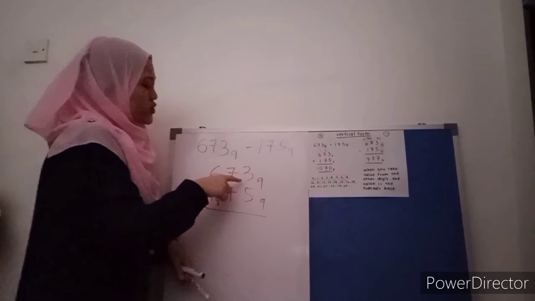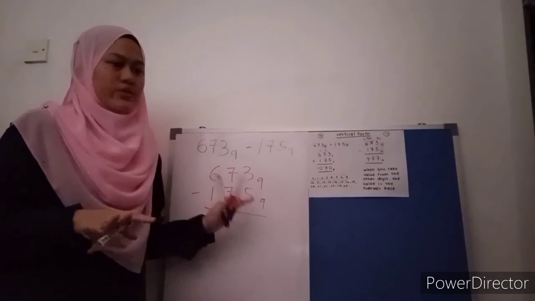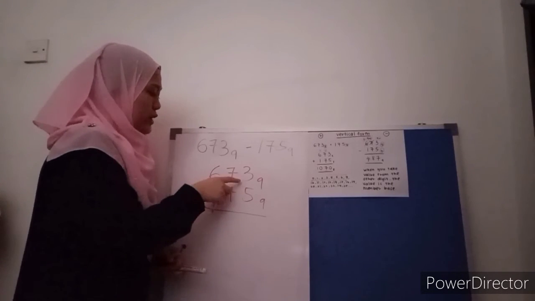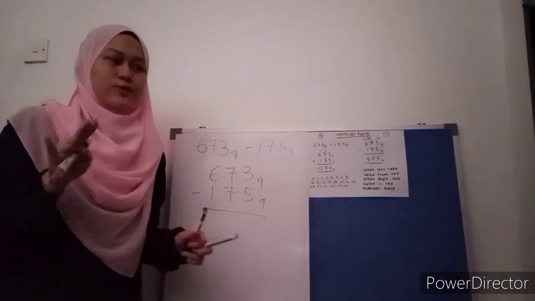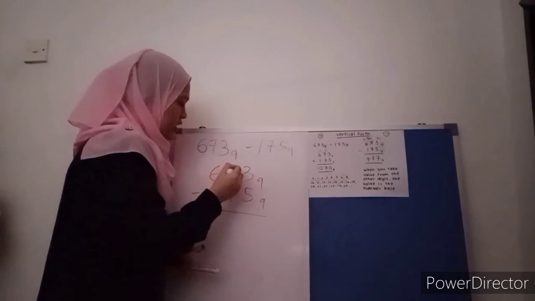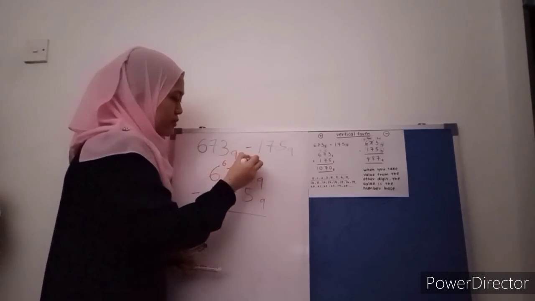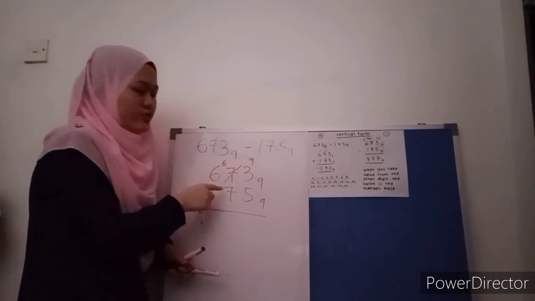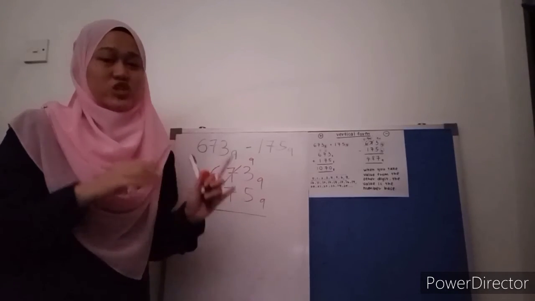As we got 3 minus 5, 3 can't subtract 5, right? So what you need to do is borrow from the other number. But you need to remember, when you borrow from the other number, here will be 6, but this 3 will get number 9. The value that you borrow from 7 is actually 9.